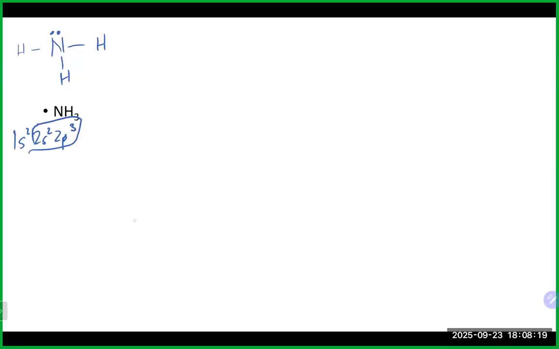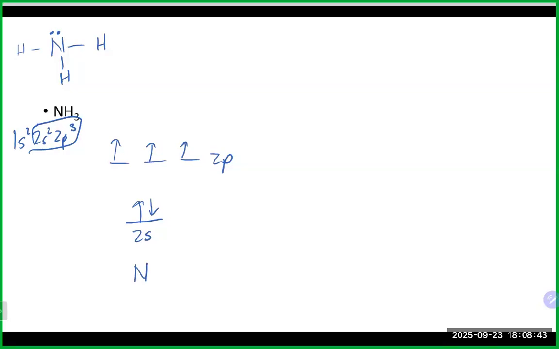So in our 2s, again, it's only the valence electrons involved in bonding, so we don't show the lower energy electrons. It's got a couple of electrons, and we come up here to our 2p. We have an electron in each of these. So this is it in a starting position for our nitrogen.